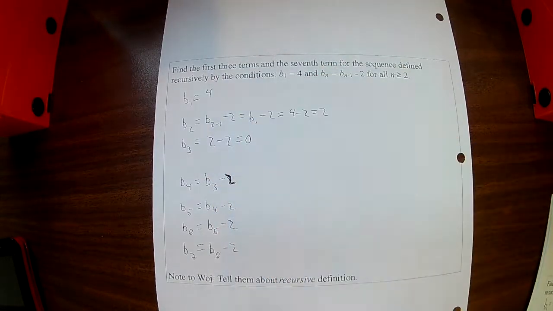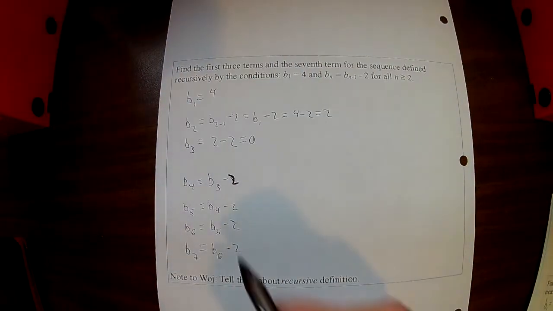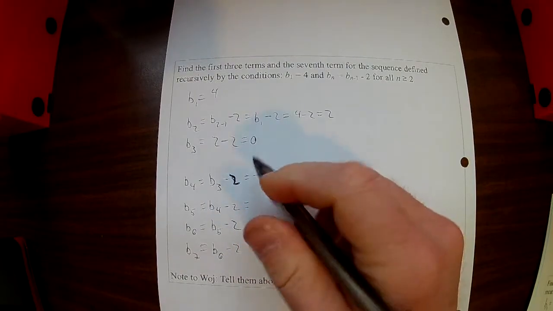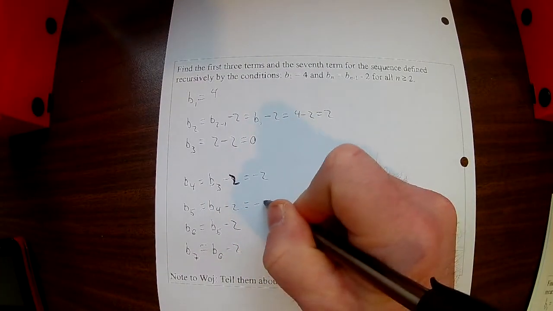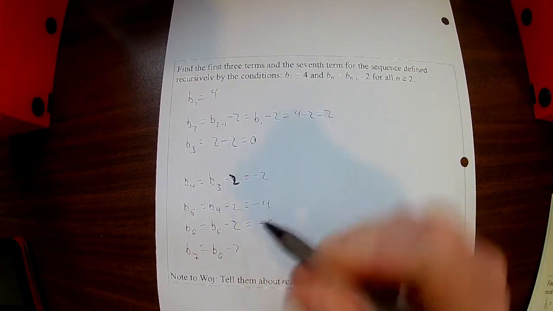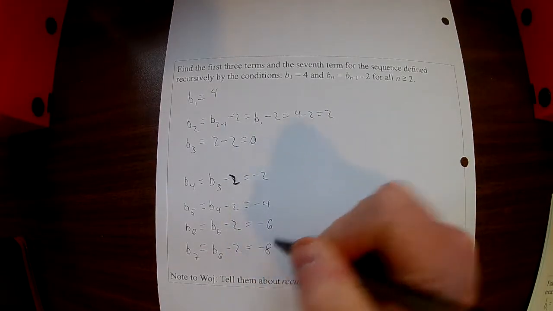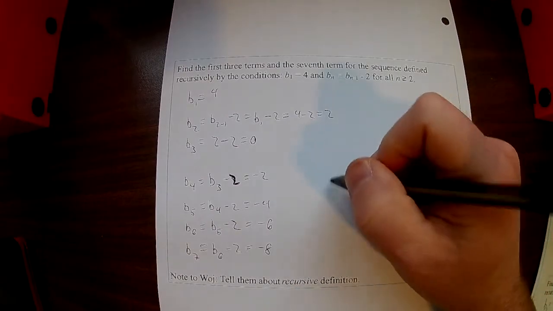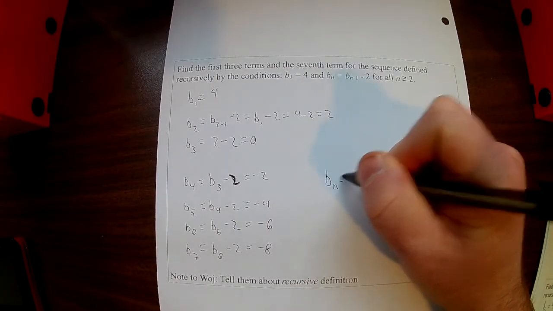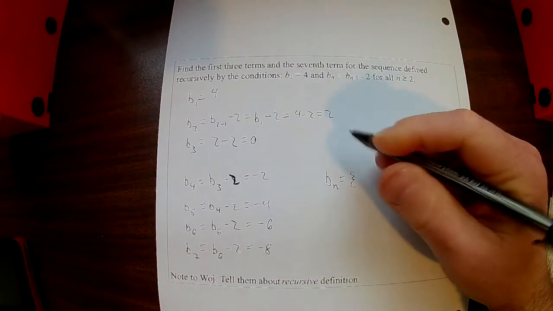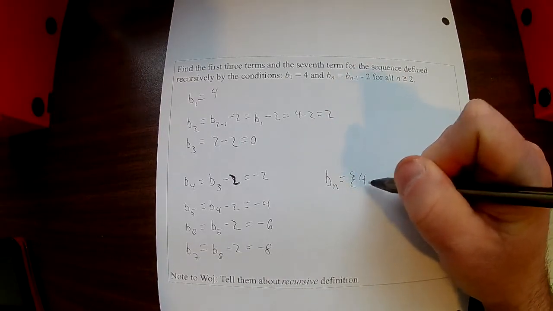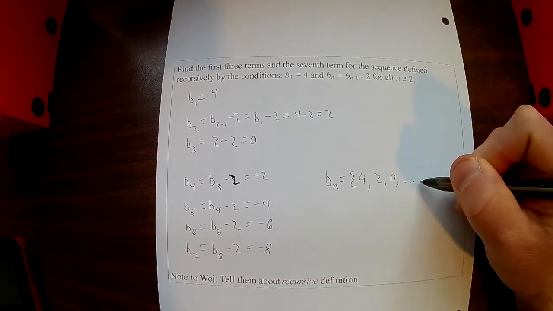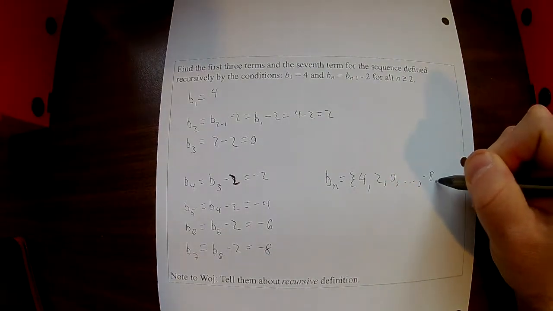Hard to say one number and write a different number there. So here I can actually see this is negative 2. This is negative 4, negative 6, and negative 8. I can now find b sub 7 is negative 8. So now I can say b sub n, that sequence, is equal to 4, 2, 0, negative 2, negative 4, negative 6, negative 8.